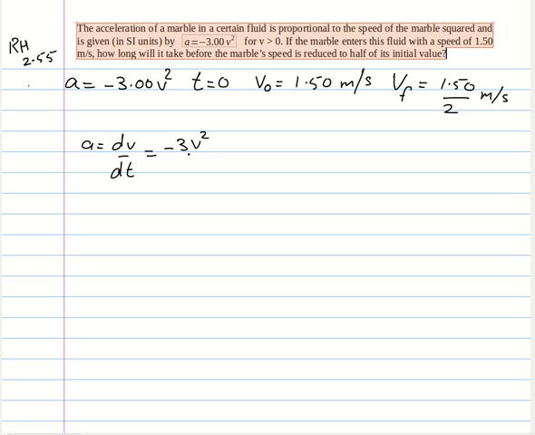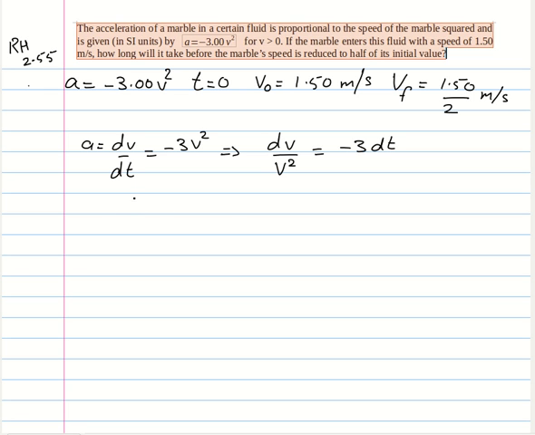Right now, let us write it as -3v². So what it means is, we can write it as dv by v² equal to -3 dt.